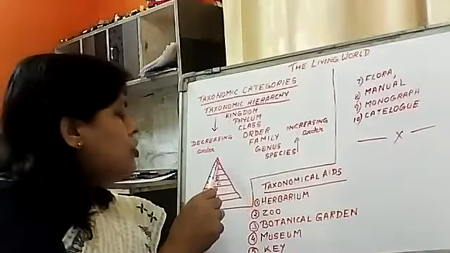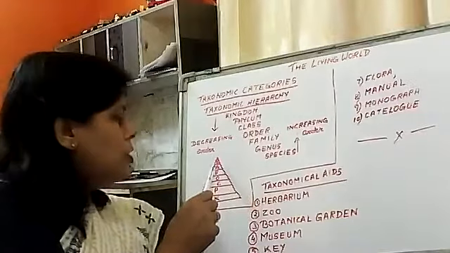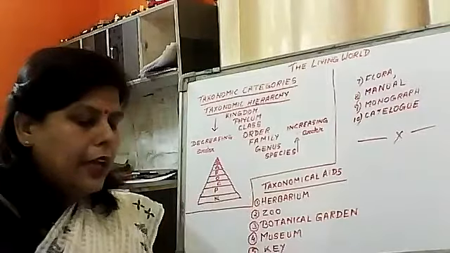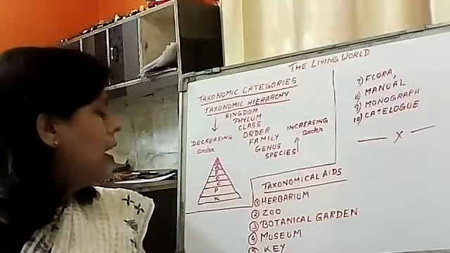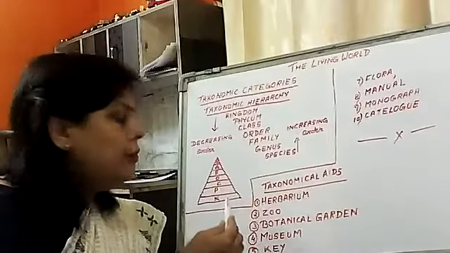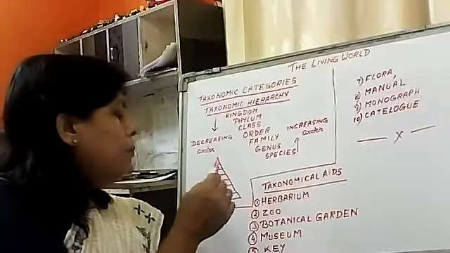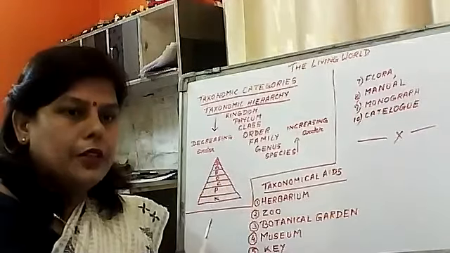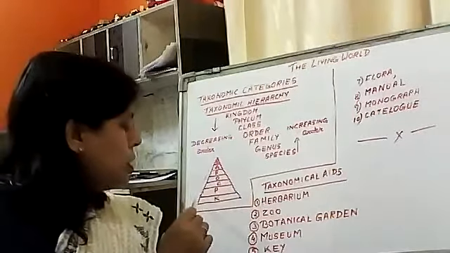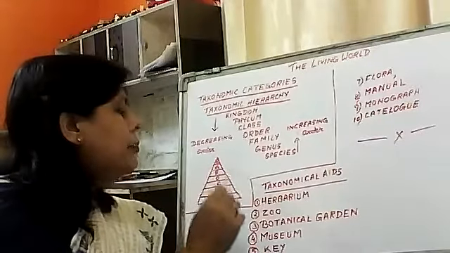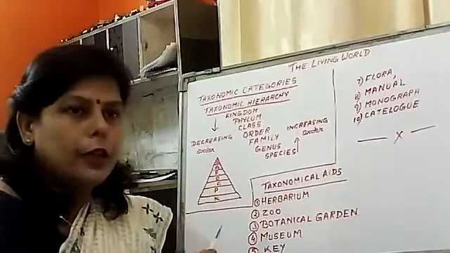So species is considered the lowest rank and the kingdom is considered the highest rank. And here the number of individuals will be much more compared to the number of individuals in a particular species. So the whole taxonomic hierarchy can be represented by a triangle.